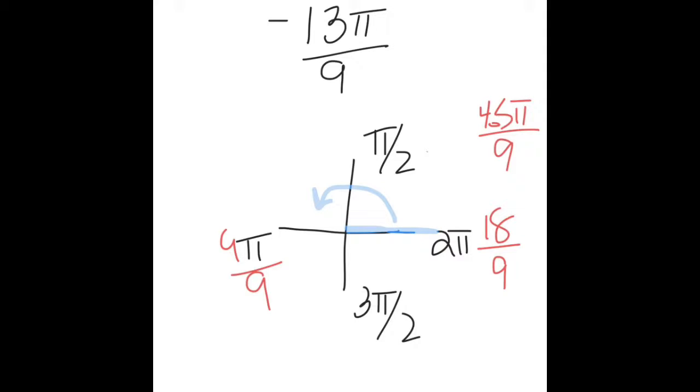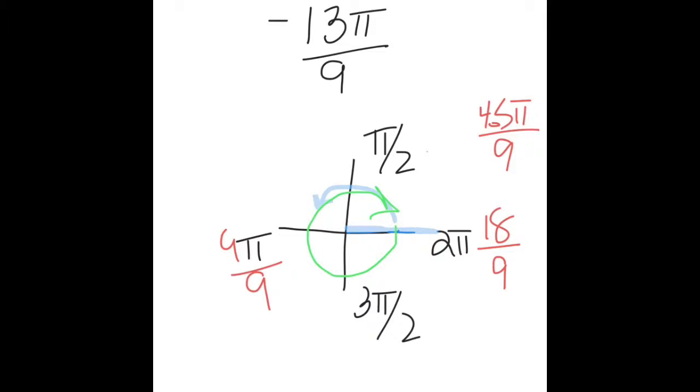So it's a counterclockwise rotation. Well, here I'm going negative, or opposite. So really, for this one, I want my rotation to be in the opposite direction. So I'm going to start here and I'm going to rotate this way.